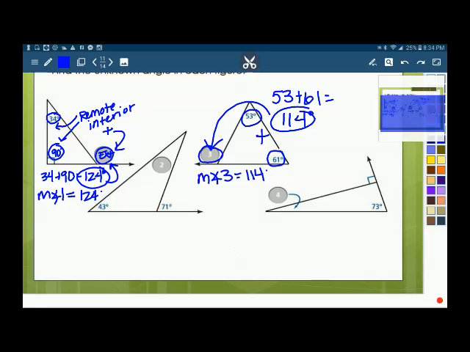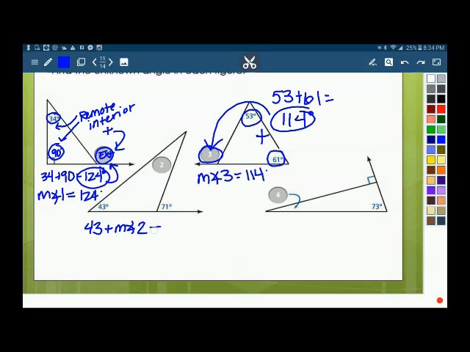Okay, now in the other two triangles, they're missing an interior angle. So if we write down what the theorem says, the two remote interior angles, that's 43, plus the unknown, so the measure of angle 2, has to equal the exterior angle, which is 71. So really, I'm just taking that 43 that's being added to one side of this equation, and I'm going to subtract it to get the measure of angle 2 all by itself.